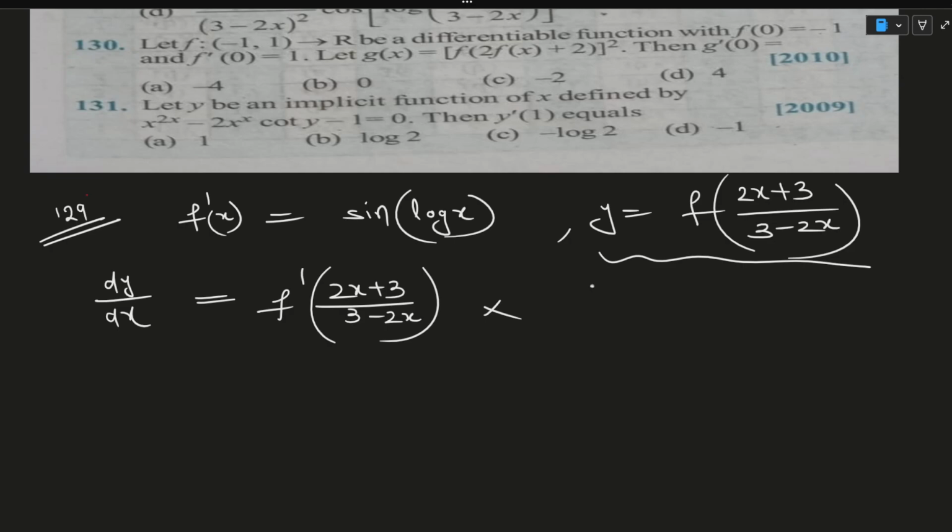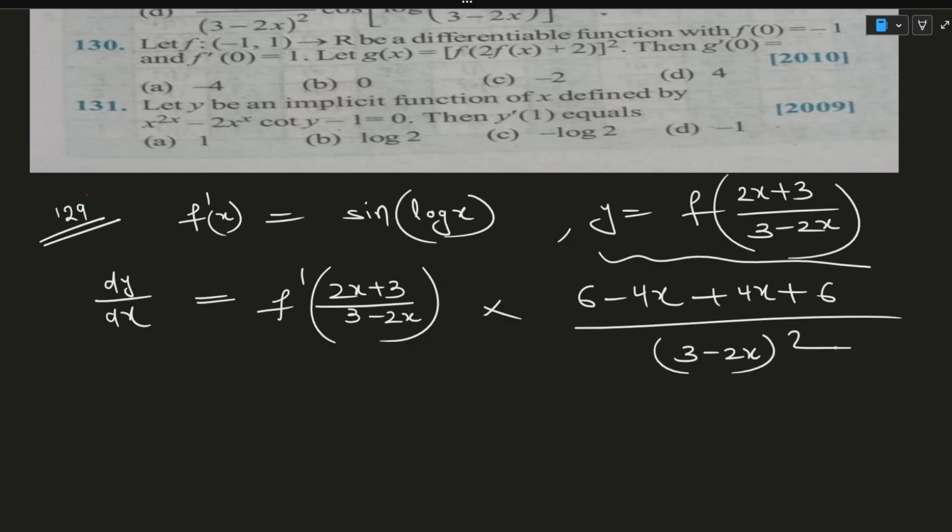So it will be (6 minus 4x plus 4x plus 6) divided by (3 minus 2x) whole square. So f dash of x we know, and in place of x we are given (2x plus 3) by (3 minus 2x).